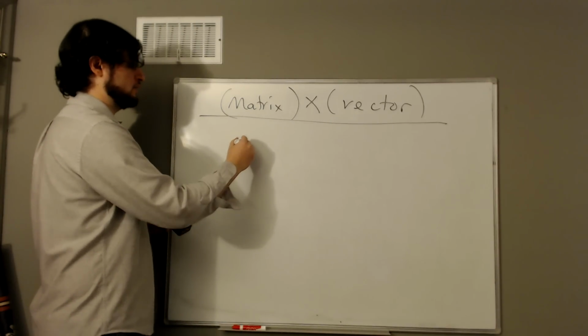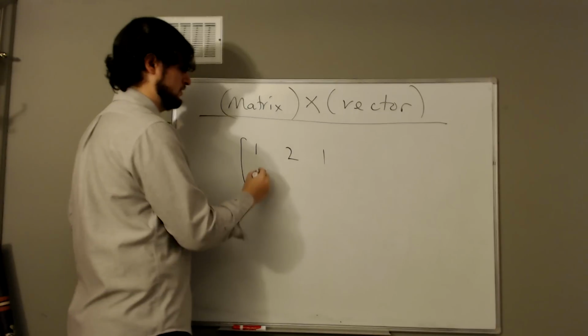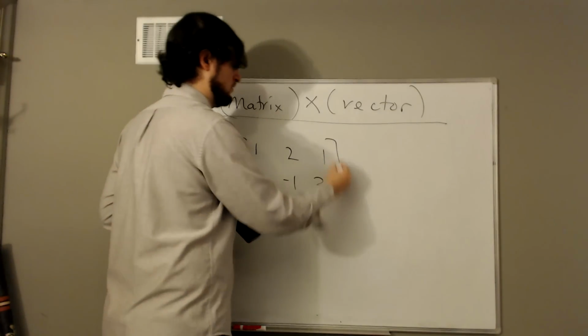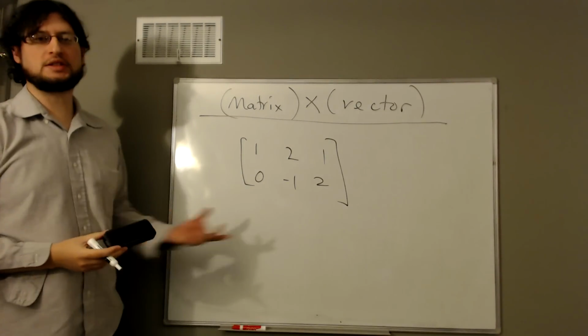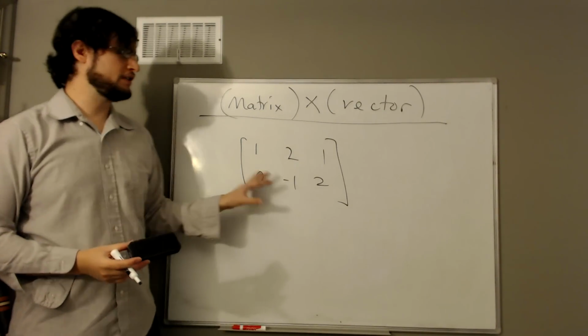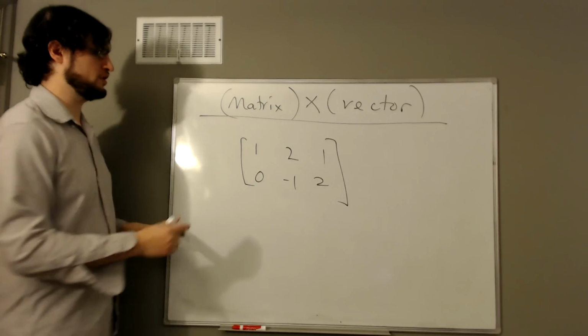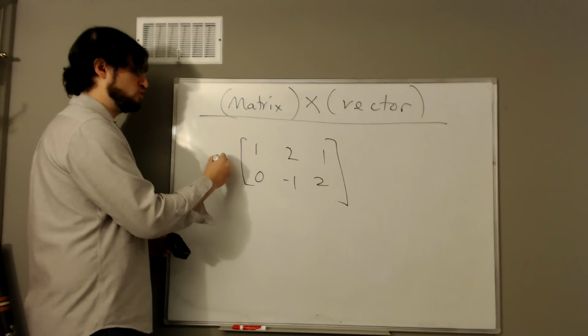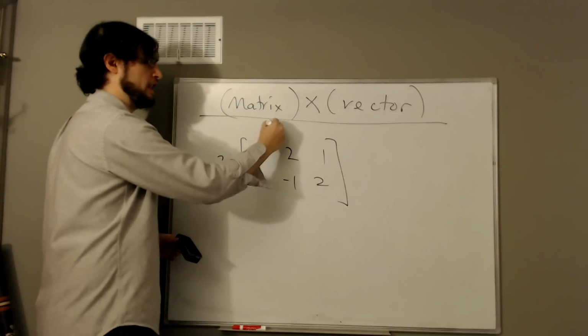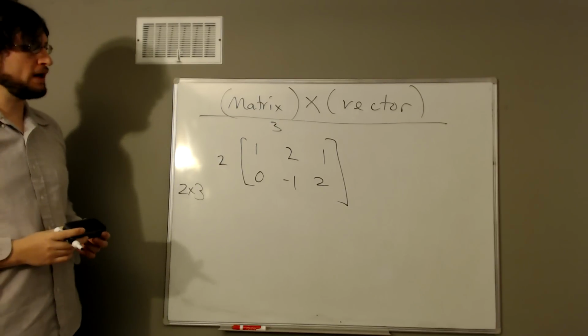All right, so here's what we're going to do. Suppose that I had a matrix that looks like this. Now, I'm not thinking about this as a matrix that corresponds necessarily to a system of equations. All right, this is just a matrix, just entries in different positions. So this is 2 rows, 3 columns. So this is a 2 by 3 matrix, row by column.